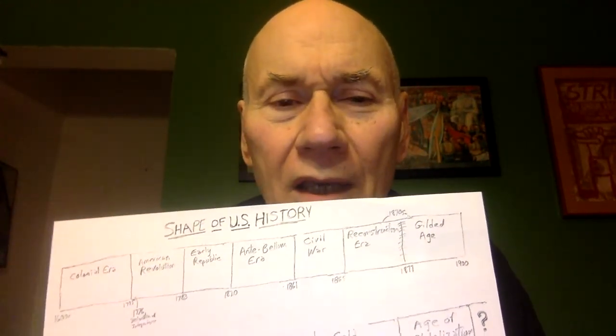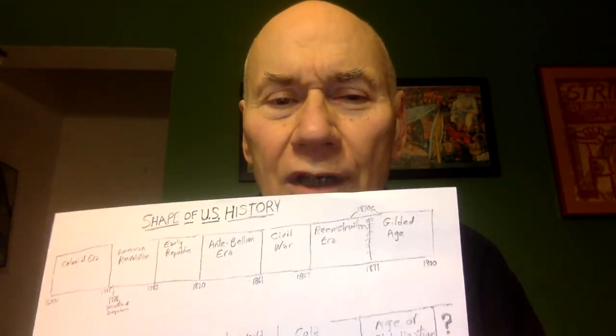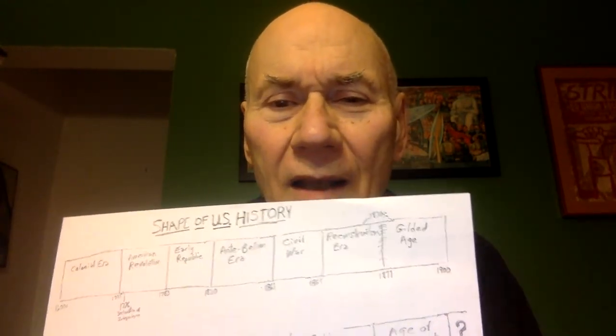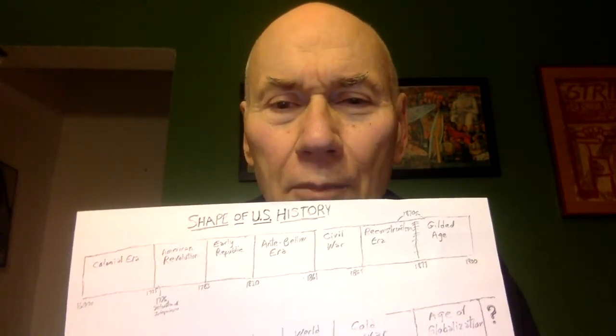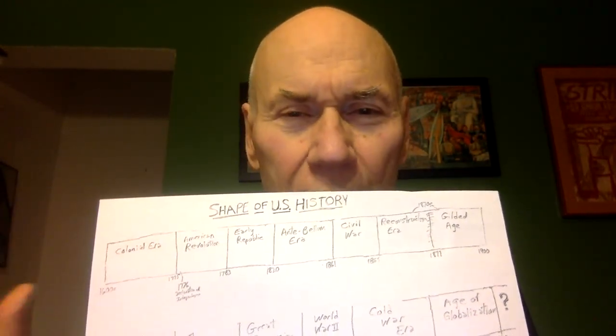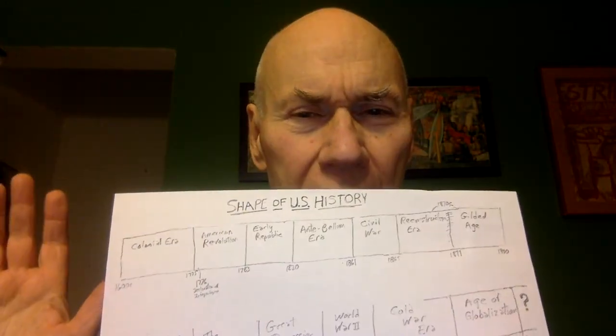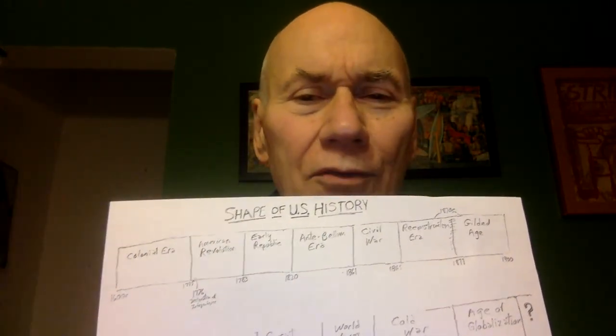And at the same time, certain problems, certain issues, certain realities that you can find developing in one period of time flow into the next period and the next period and so forth. But it helps to have some way of separating things out and dividing them up.